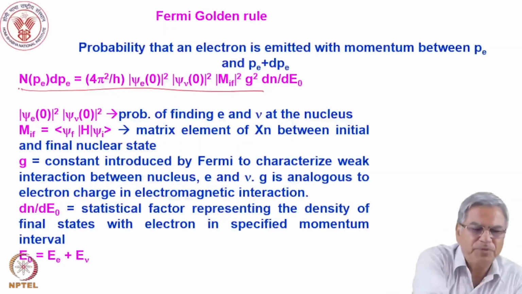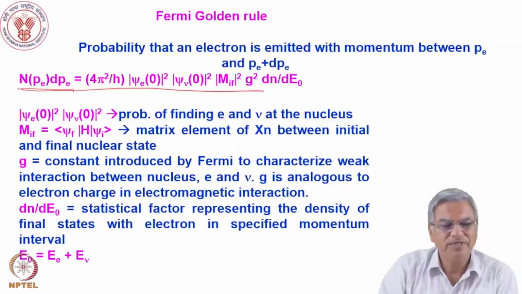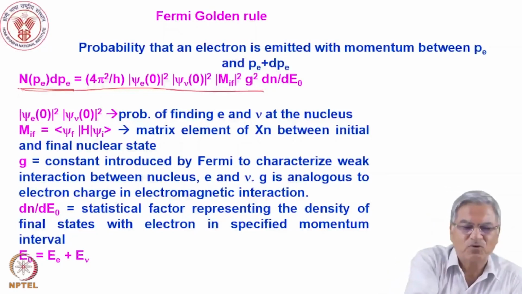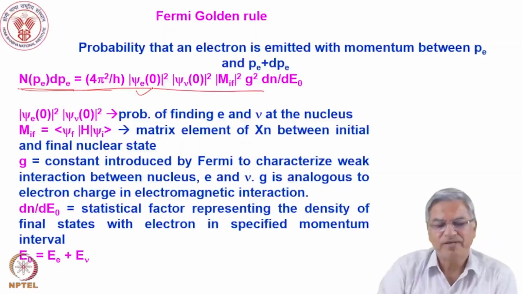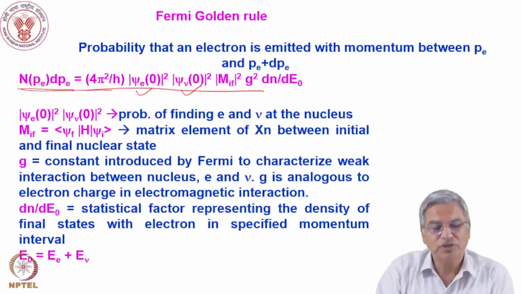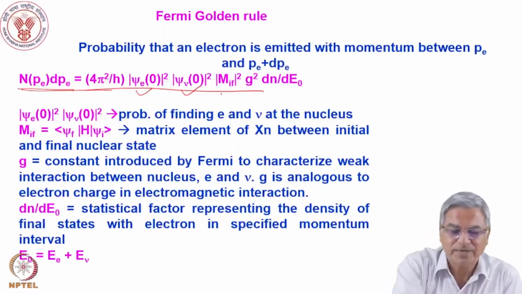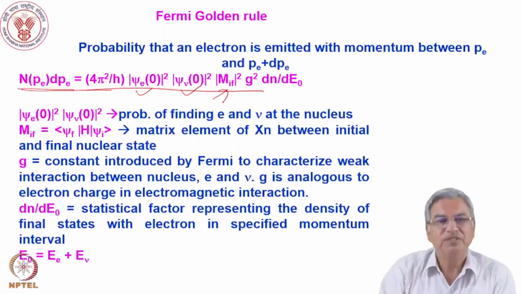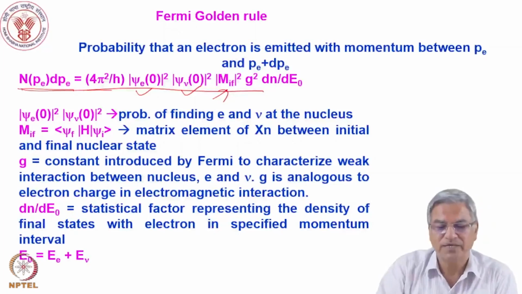So N(p) dPe is given by the Fermi golden rule: 4 pi square by h, the probability of finding the electron at the nucleus psi e, psi nu, the probability of finding the neutrino at the nucleus. This is the matrix element between the initial and final state for beta decay.